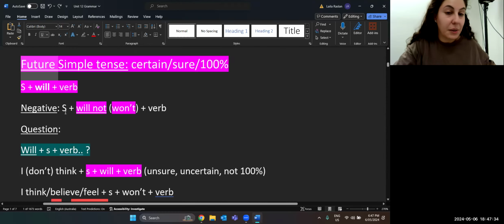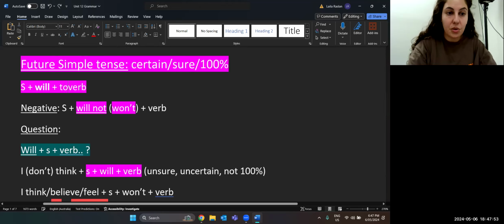Number 2, for the third person, he, she, it, we do not add an S. Number 3, the verb after will is in the infinitive form without to. You do not put the word to here. You don't say, I will to see you tomorrow. No, you say, I will see you tomorrow.